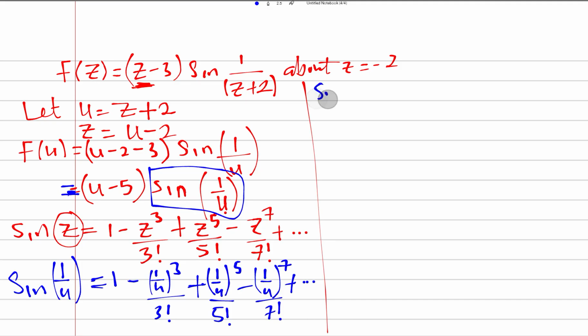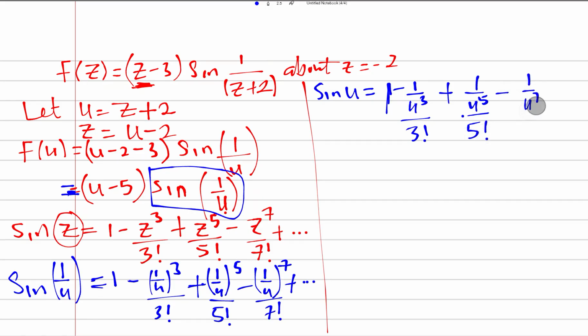So our sine 1 over u will be equal to 1 minus 1 over u raised to power 3 over 3 factorial, plus 1 over u raised to power 5 over 5 factorial, minus 1 over u raised to power 7 over 7 factorial, plus dot dot dot.